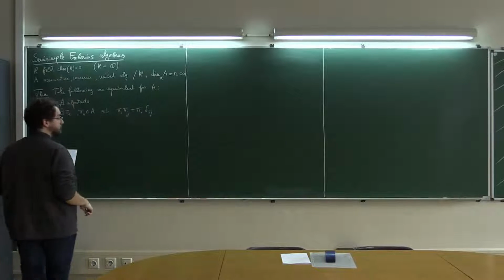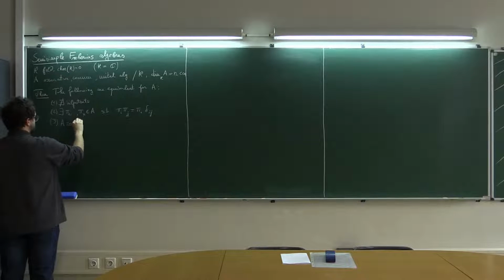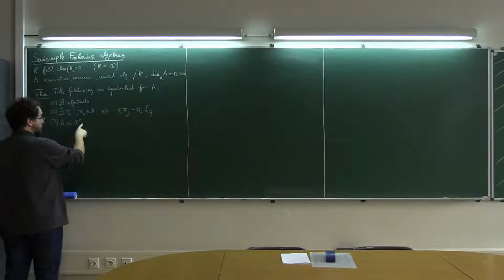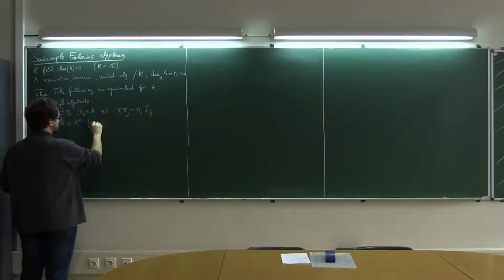That is, we have idempotents. The third condition is A is isomorphic as an algebra to the product of fields K^n. So this is a product of fields.